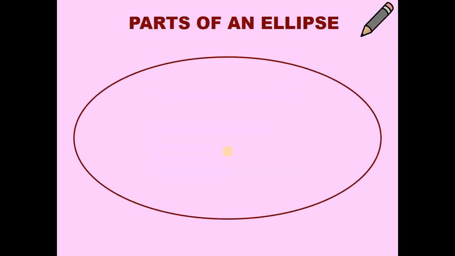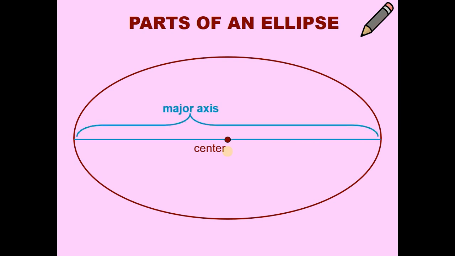Parts of an ellipse. And you're saying, well, Marsh, it's just an oval. How many parts can it have? Actually, you'd be surprised. It has quite a bit. One part we're going to talk about is that the ellipse has a center, just like our circles had centers. Along that center, we have what's known as a major axis. A major axis is basically the long part of the oval.